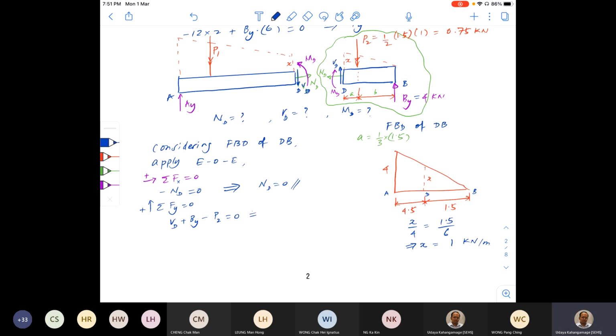So now can you write the values? VD should be equal to P2. P2 is 0.75. Minus By, negative 4 kilonewton. That is negative 3.25 kilonewton. Okay. So it says that shear force, in fact, is in the opposite direction. I marked it vertically up, but it should be in the opposite direction.